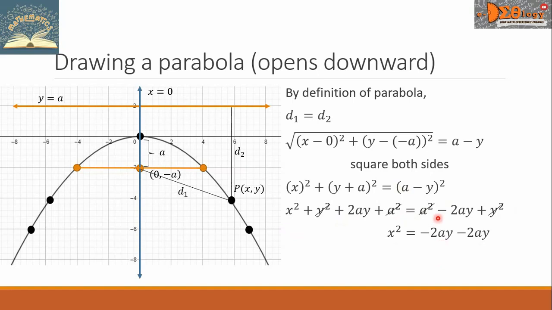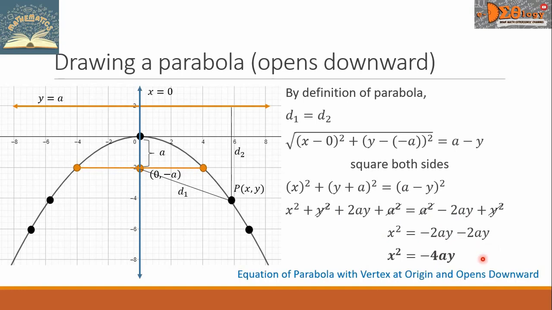So the right side is this negative 2ay, now copied here, and minus 2ay. Combining the terms of the right side, we have now negative 4ay. So it means to say, we have now the equation of parabola with vertex at origin and opens downward. This is now the equation.